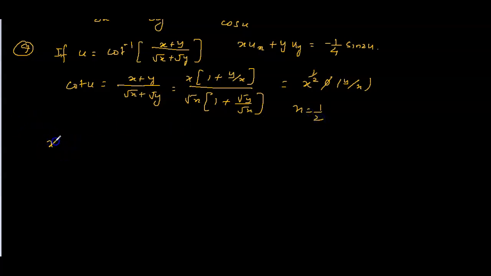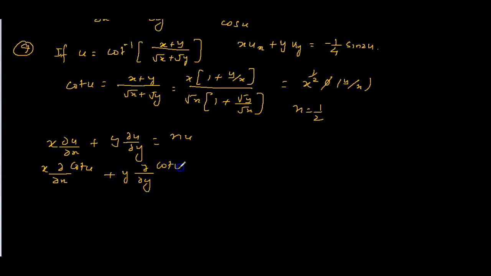So you can write x into del w by del x plus y into del w by del y is equal to n into u. Here w is cot of u, so x into del of cot u by del x plus y into del of cot u by del y is equal to n, which is 1 by 2, and u is cot of u.